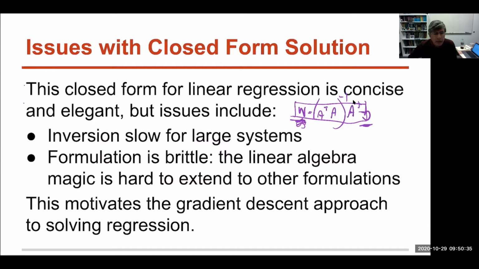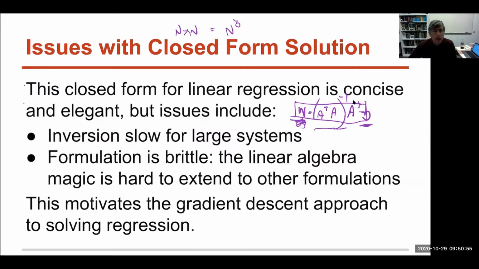There tend to be two problems with it. One, finding the inverse of a big matrix. If you have an n by n matrix that you're inverting, that's an n cubed operation if it's not a sparse system. So doing an inversion is an expensive thing.